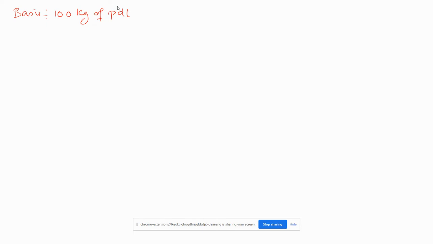That means the conversion of the toluene is 100 percent. They have given only nitric acid along with the product; the toluene is not present. That means 100 percent of the toluene is reacted, so toluene will be the limiting reactant.